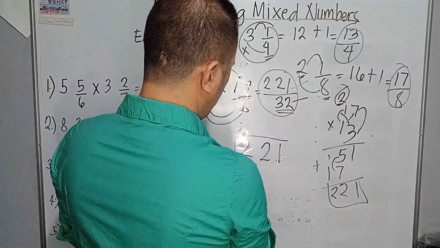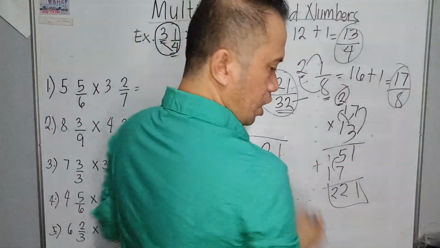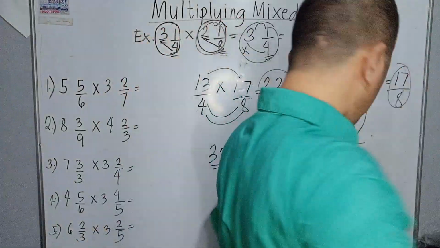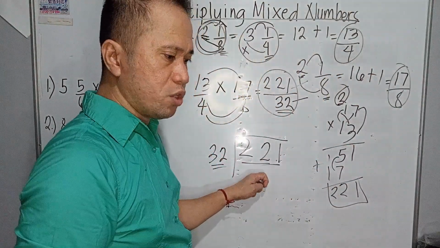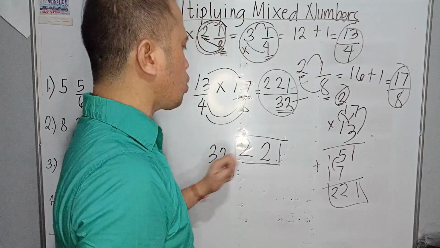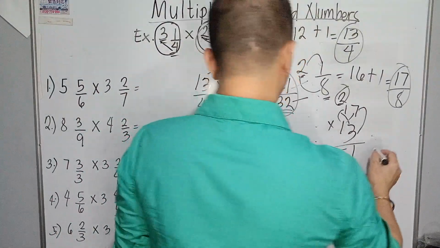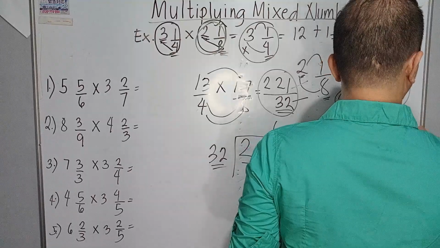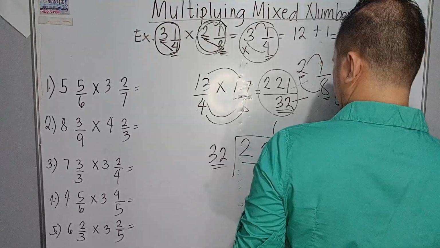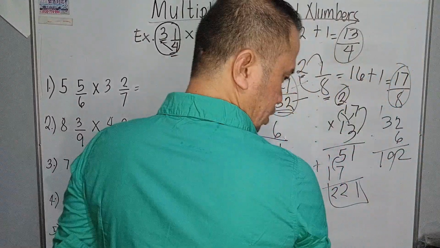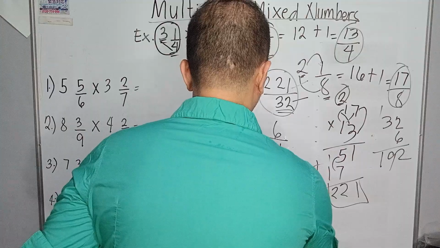So we need to divide 221 by 32. 32 cannot go into 22, so we proceed to 221. How many 32s in 221? So we're going to write here 6. So multiply that, 32 times 6. So we have 12, 8, 10, 19. So that is what we call 192.